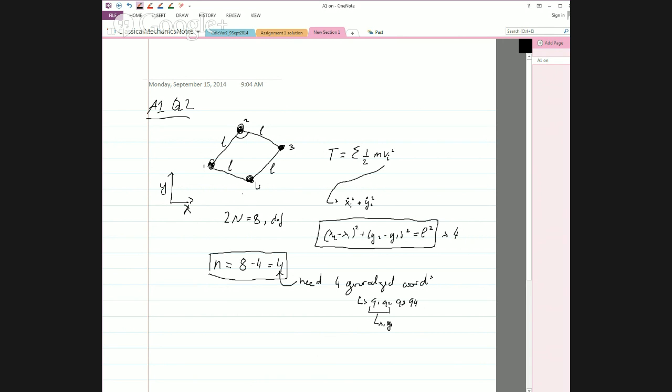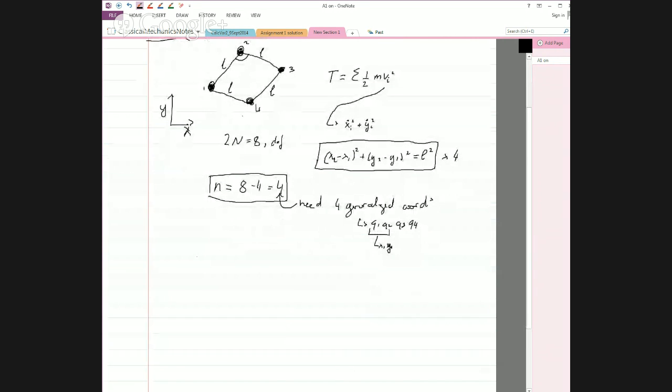So in principle, you can specify the position of one mass, and then maybe some angles that will give you the position of the other masses. So what you get after that is a set of equations, where you convert all the x1, 2, 3, 4s and y1, 2, 3, 4s into the q1, q2, q3, q4. So I used q1 and q2 to be x1 and y1.